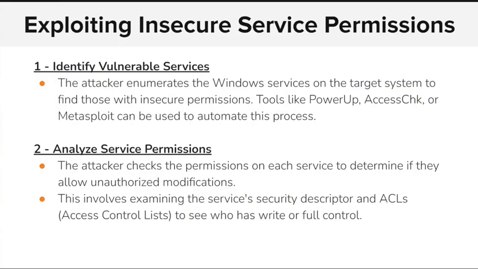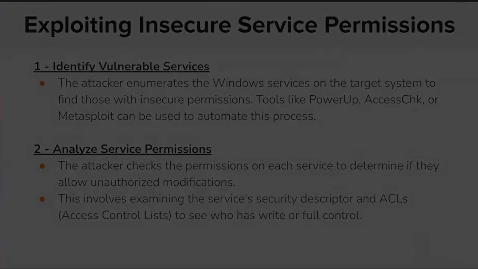We want to see whether, as a standard user, we can modify certain aspects of the service, like the actual path of the service or the executable itself. Bottom line, we're trying to see whether we can make changes to the folder or the executable path, just as an example.